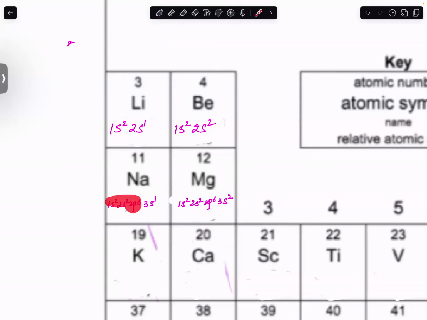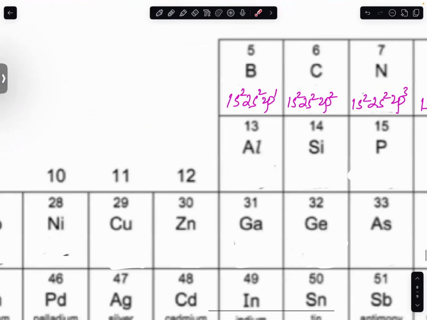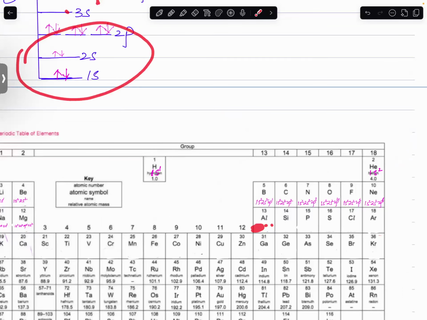This is what? Neon, which is 10. So what would be the shorthand? Neon 3s1, neon 3s2. Similar to helium 2s1, helium 2s2. And the other one: neon 3s2, 3p1.